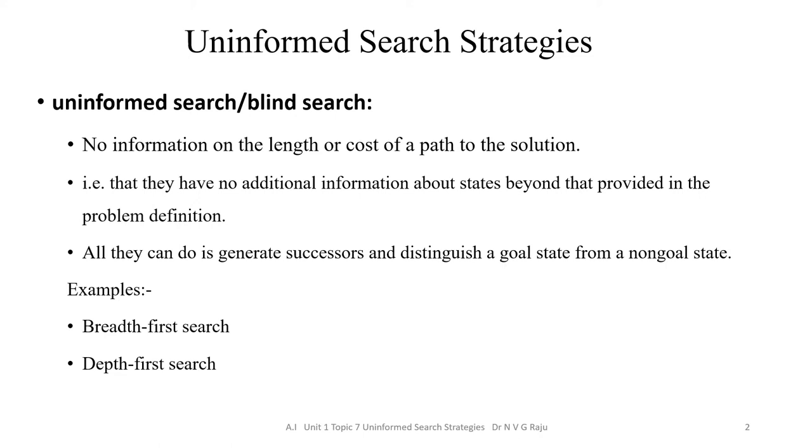That means no additional information about states beyond that provided in the problem definition. What we have to do is generate successors and distinguish a goal state from a non-goal state. Today we are going to discuss two search tree algorithms, breadth first search and depth first search.